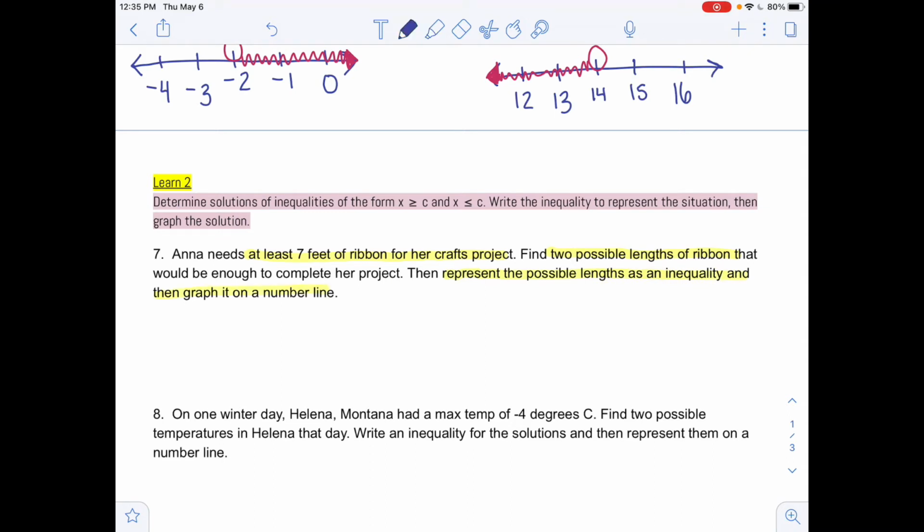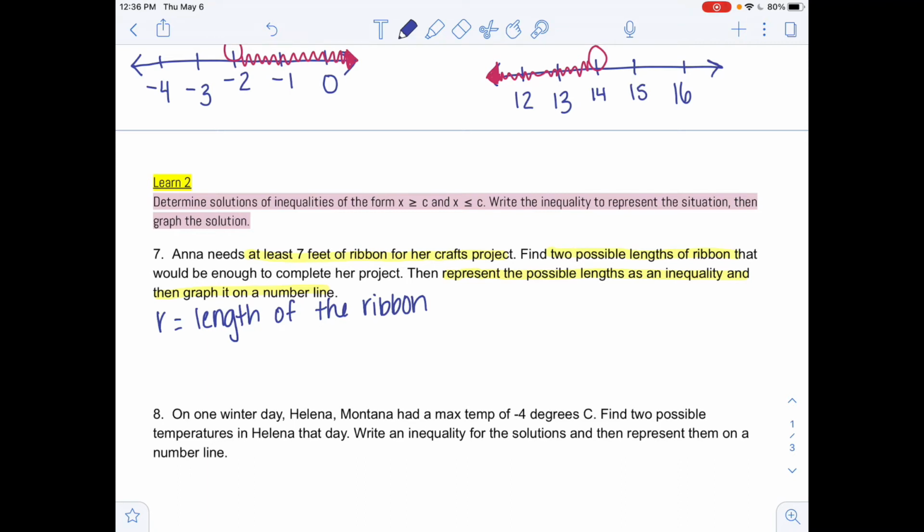So let's say if we're talking about lengths of the ribbon, we'll just represent r as being our variable for the length of the ribbon. If it's sharing that she needs at least 7 feet, that means she could use 7 feet, and really anything else, anything bigger than 7 feet, that's the lowest amount that she could need.